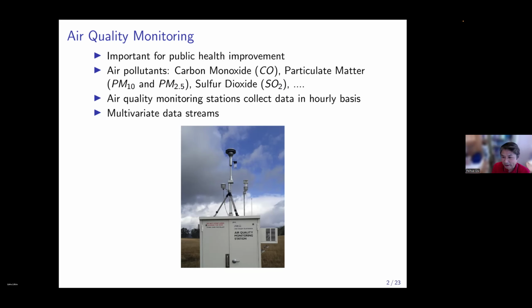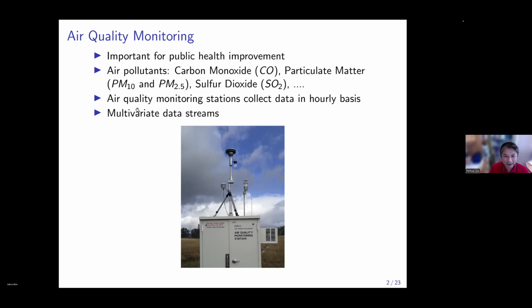In the United States, we have many air quality monitoring stations, like this one. This is one station, and there are more than 200 stations in the United States.